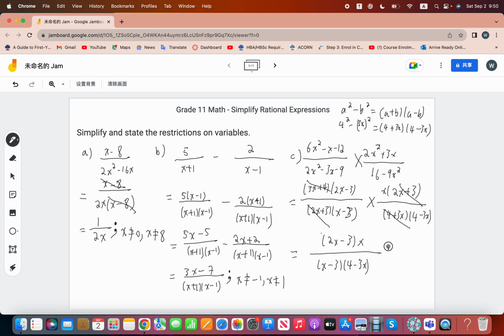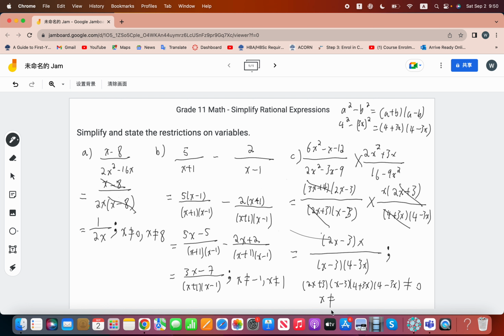Now I need to state the restrictions. So for the restrictions, I need to refer to this row. So it's going to be 2x plus 3 times x minus 3 times 4 plus 3x times 4 minus 3x can't be 0.